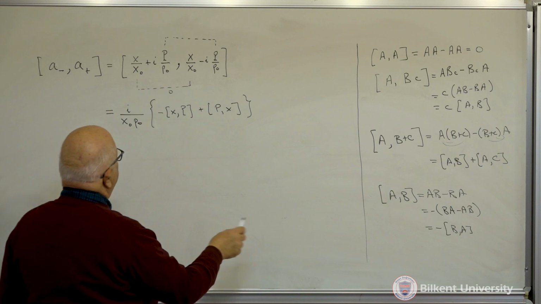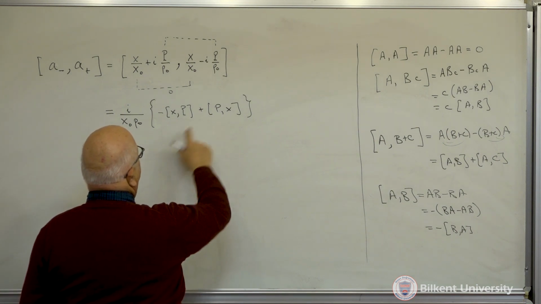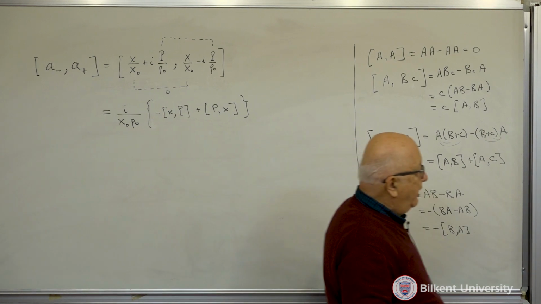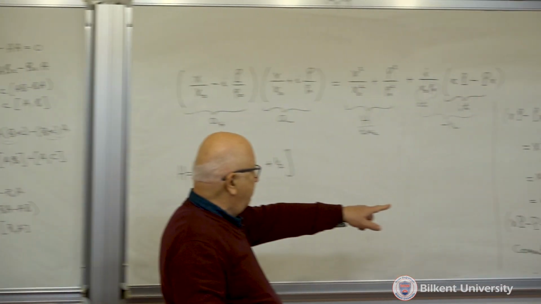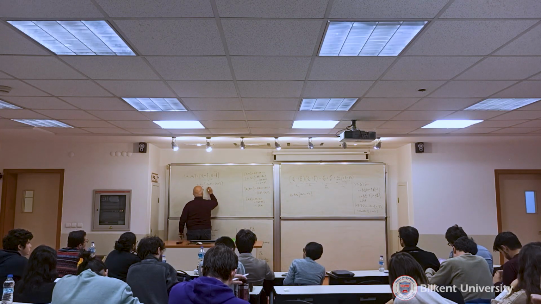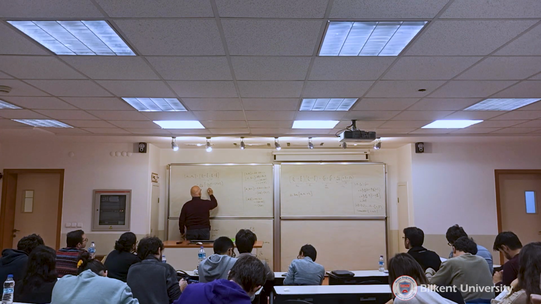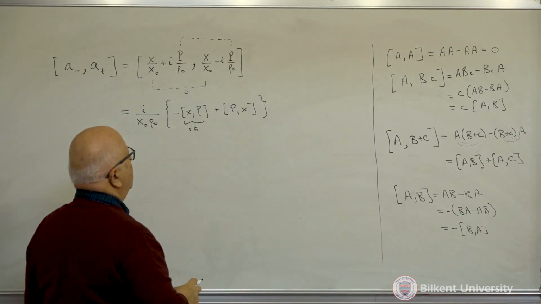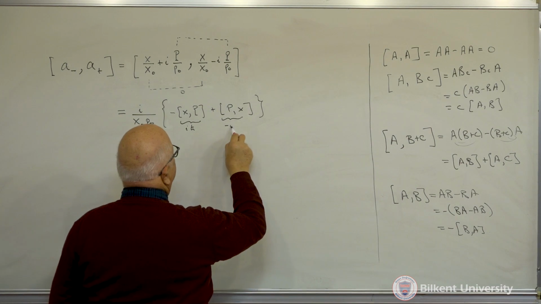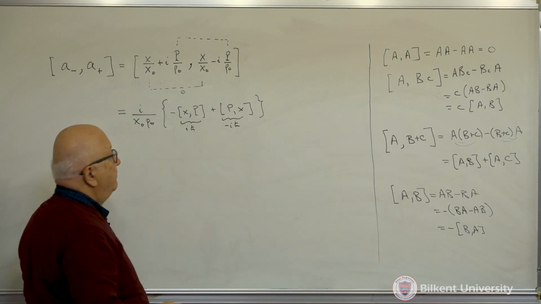Okay, so that means this is just the negative of that. And we already have a commutator for x and p. The x and p commutator, this piece here, was i h bar. This then is going to be minus i h bar.